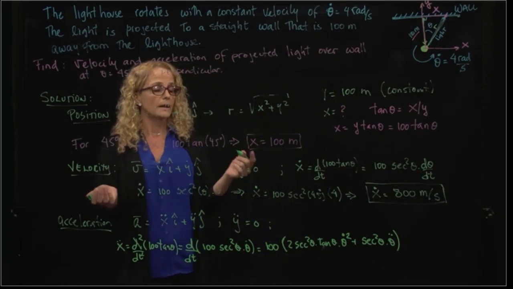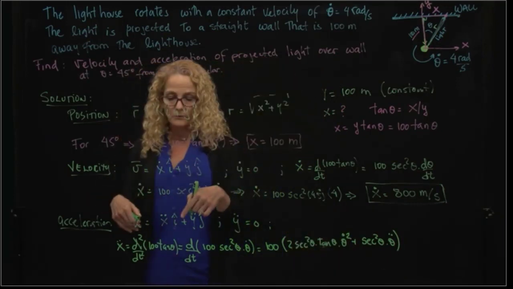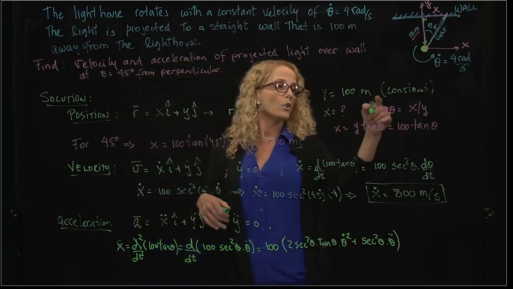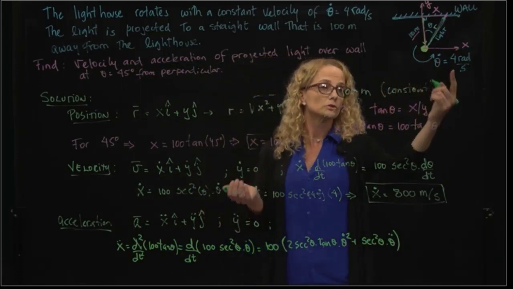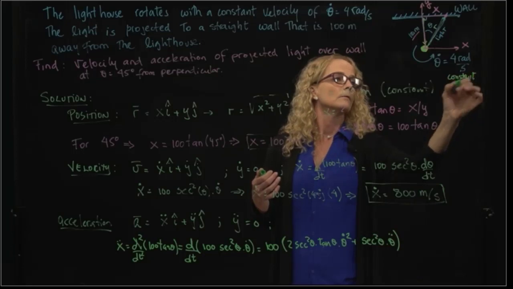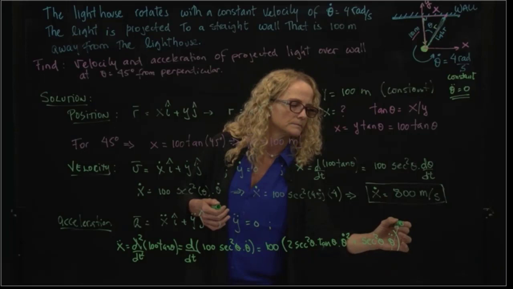And we want to evaluate that expression for 45 degrees. And they tell us that this is a constant velocity, so we know that theta double dot is equal to 0. So this is equal to 0.